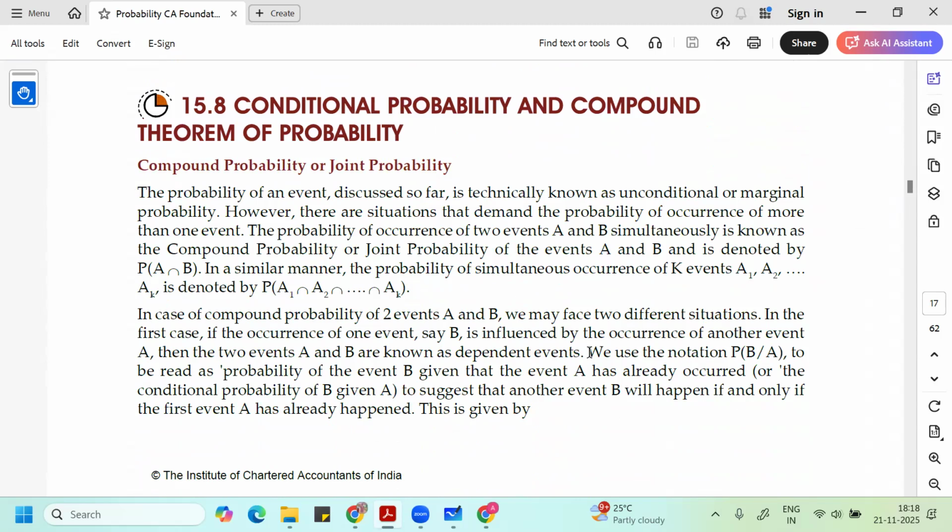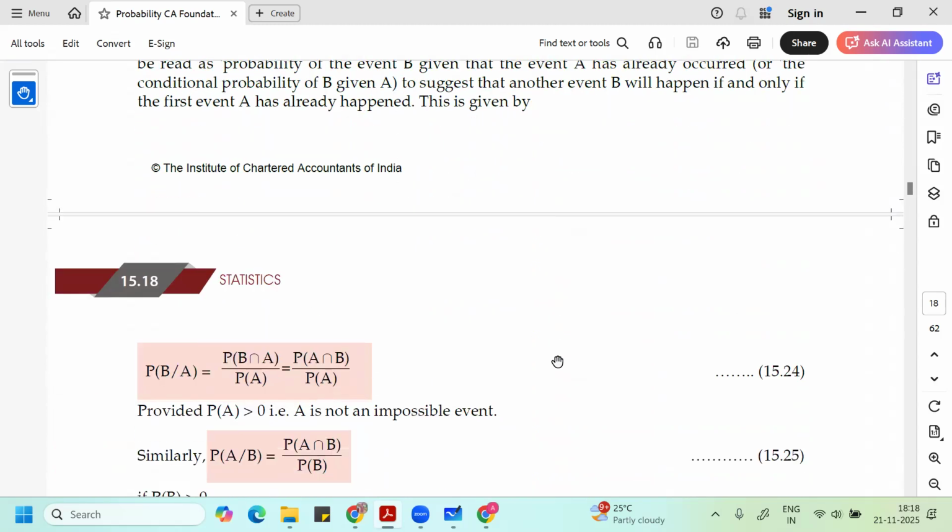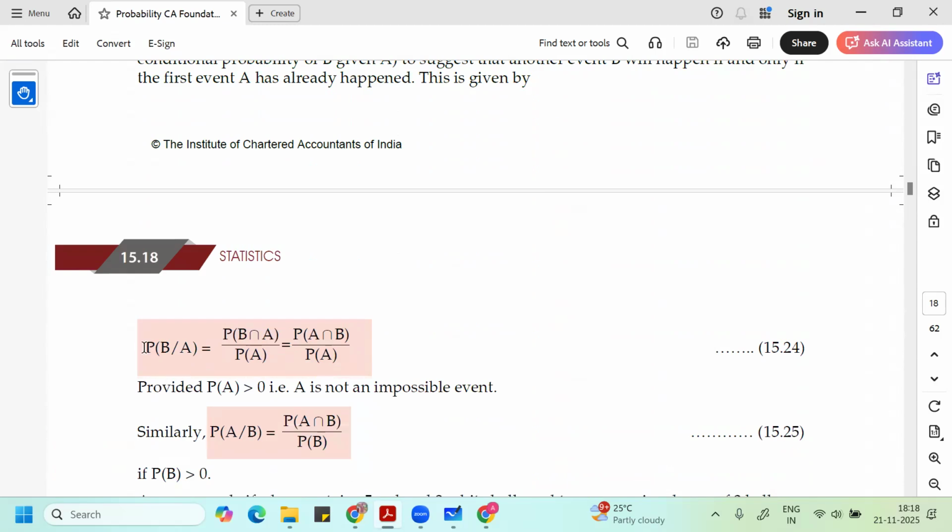Conditional probability. A by B means what is the probability that event A will happen, knowing that B has already happened. This is the formula for conditional probability. Remember this. You will get numericals based on this formula.